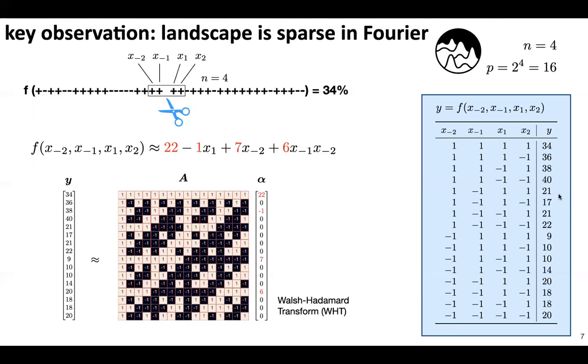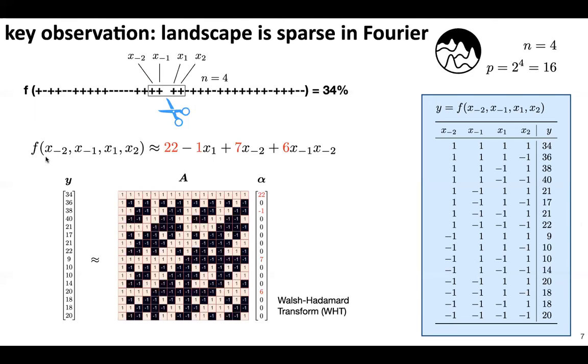So in this case, I have taken the y vector in the table and represented y as a linear sum of the columns in matrix A, which is called the Walsh-Hadamard transform. So alpha is the Walsh-Hadamard transform of y. What you can see is that the values in alpha uniquely correspond to the monomials in the representation of the pseudo-Boolean function f.